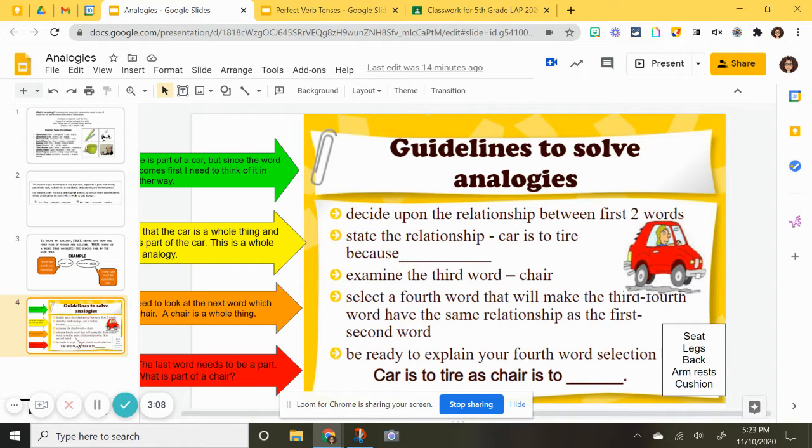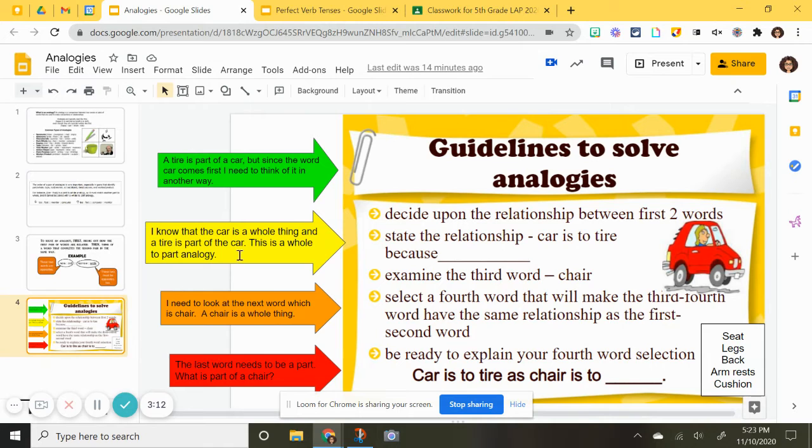So let's go back to slide 4. I'm looking at it and I said, yes, I'm going to go with this is a whole to part analogy. So the next thing I need to look at is I'm going to examine the third word, chair. So the third word is chair, and I need to think of it as a whole thing because in that pair, car was the whole thing, and in here, chair is going to be the whole thing.